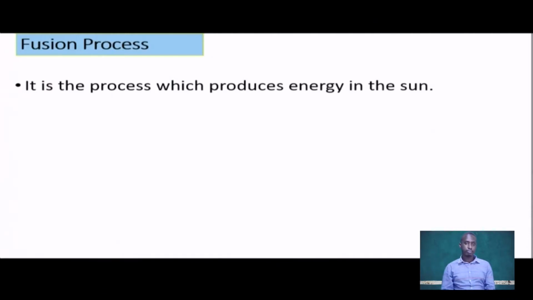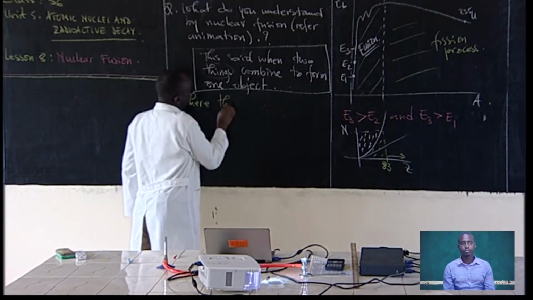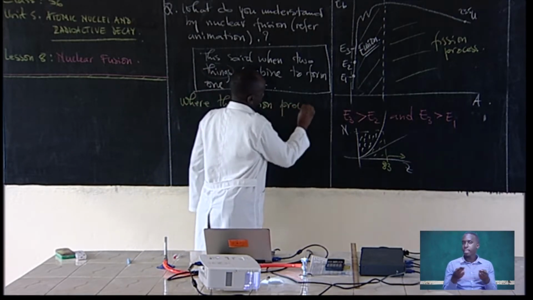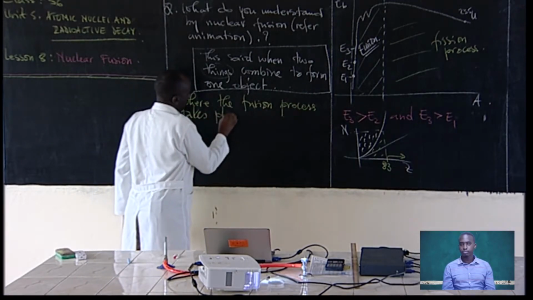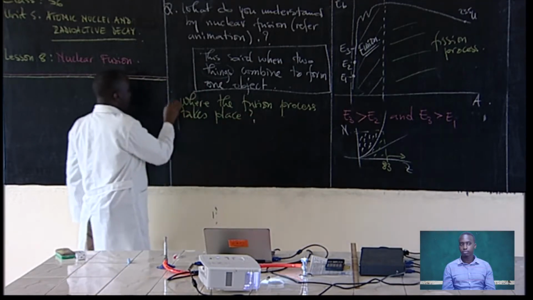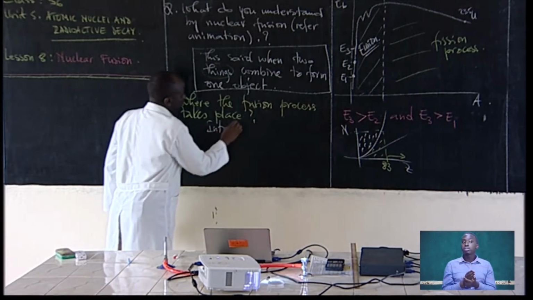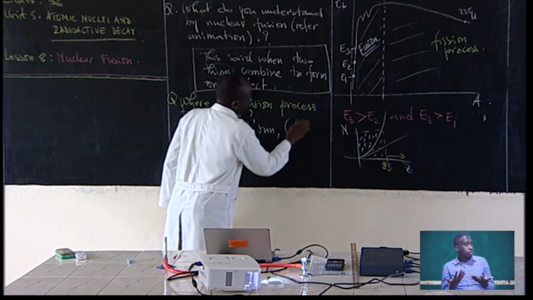Students, if you are asked to explain where this fusion process takes place, you have to give the answer by saying that it is in the sun, or just the stars in general.